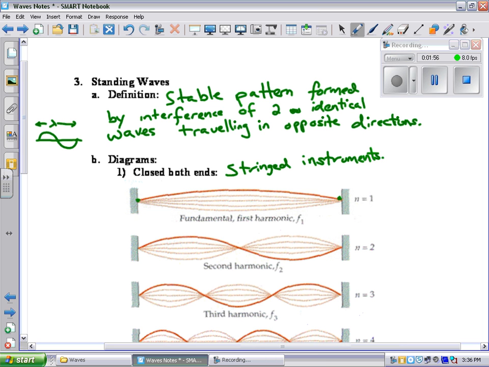So I'm going to make a couple definitions over here. A dot is what's called a node, and a node is a position of destructive interference.